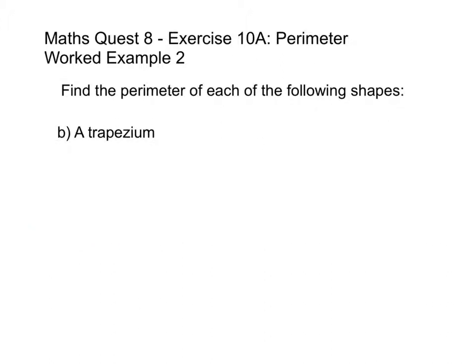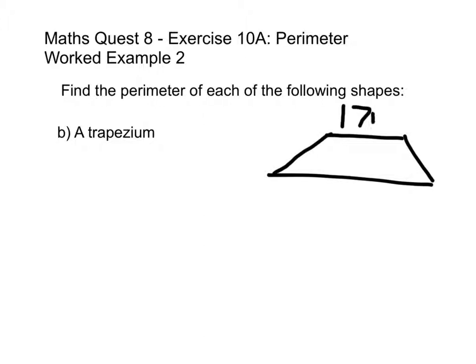So now we're going to find the perimeter for part B of a trapezium. So let's draw the trapezium. And I'll tell you what the lengths are. This length is 17 millimeters. This one is 28 millimeters.